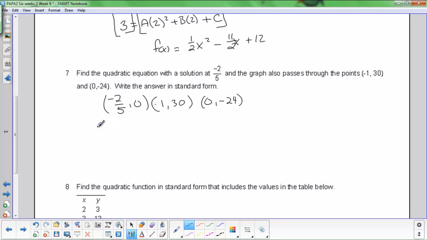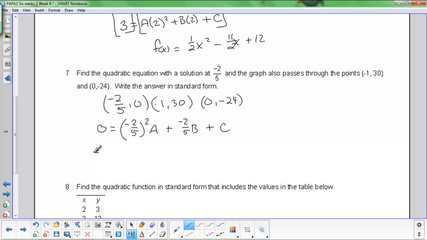So the three equations you should have come up with were 0 equals negative 2 over 5 squared a plus negative 2 over 5 b plus c.